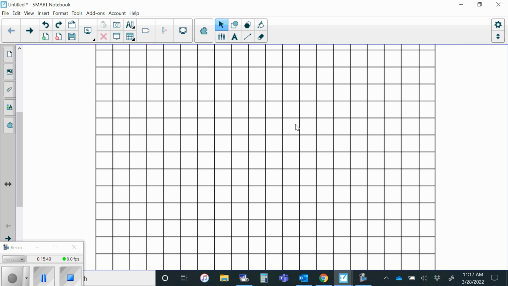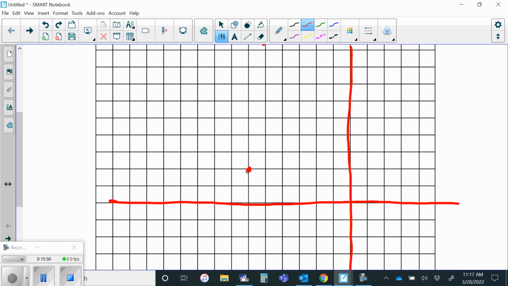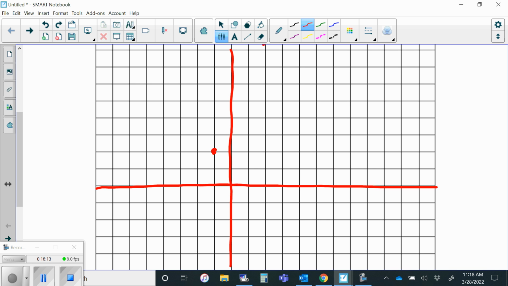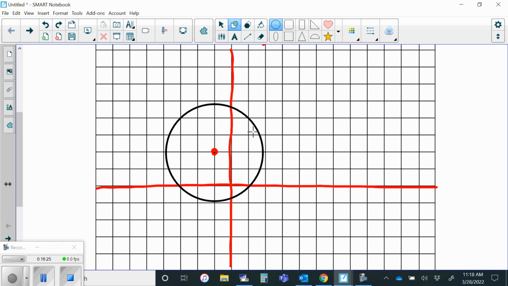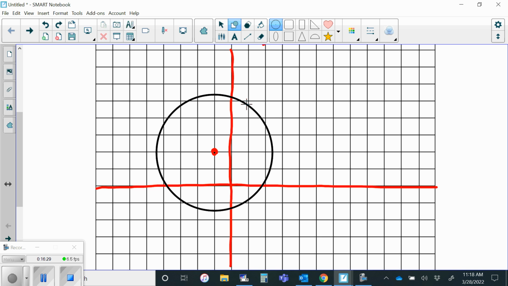Do a different one. All right. Give me the equation for this circle.